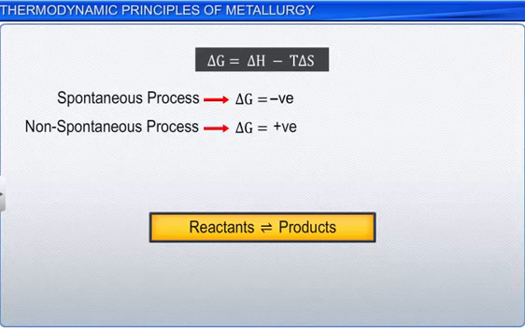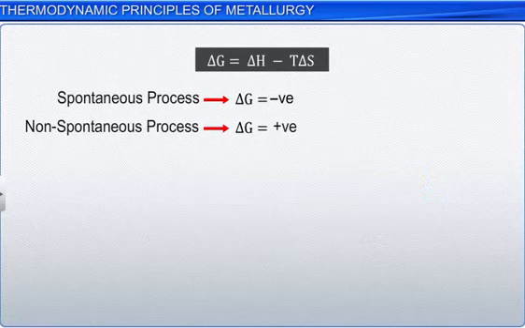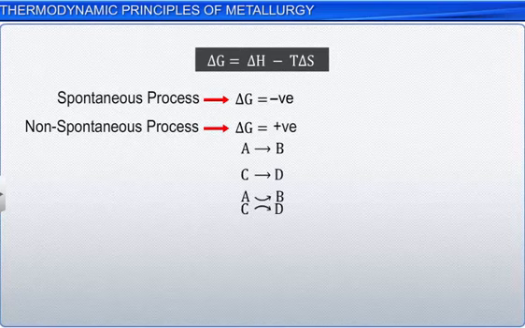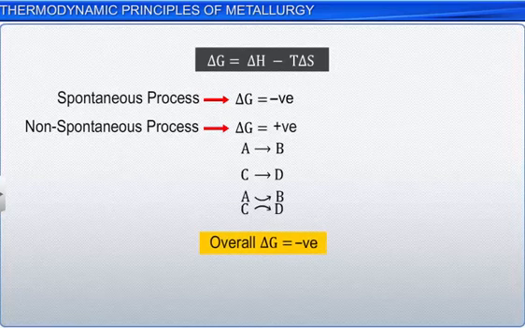This can happen if the reaction proceeds in the forward direction, that is, the reactants combine to give the products. It is important to note that two independent reactions can be coupled and are feasible, provided the overall delta G of the two reactions is negative.